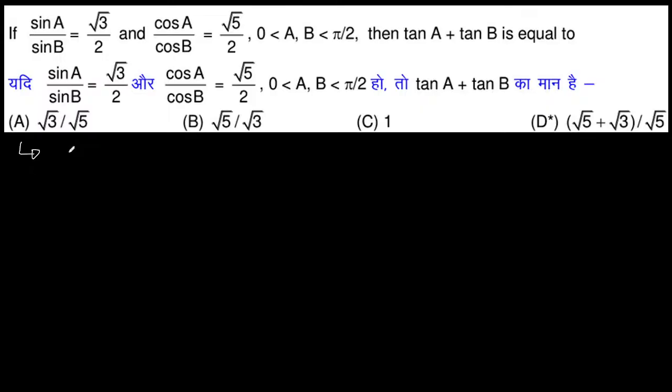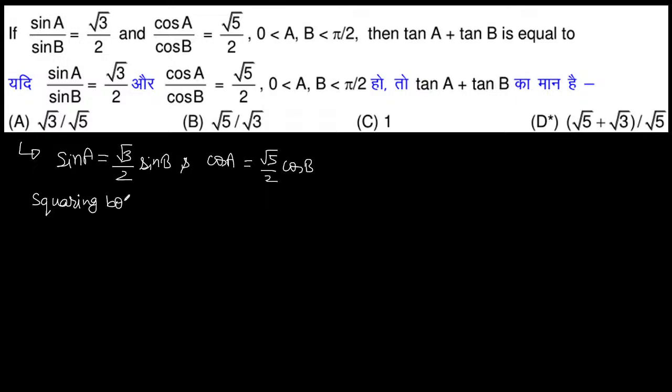So tan A plus tan B is equal to what? तो नॉर्मली ये करना है क्या, साइन ए को साइन बी के फॉर्म में लिख दीजिए और कॉस ए को कॉस बी के फॉर्म में लिख दीजिए. स्क्वायरिंग बोथ द साइड्स.